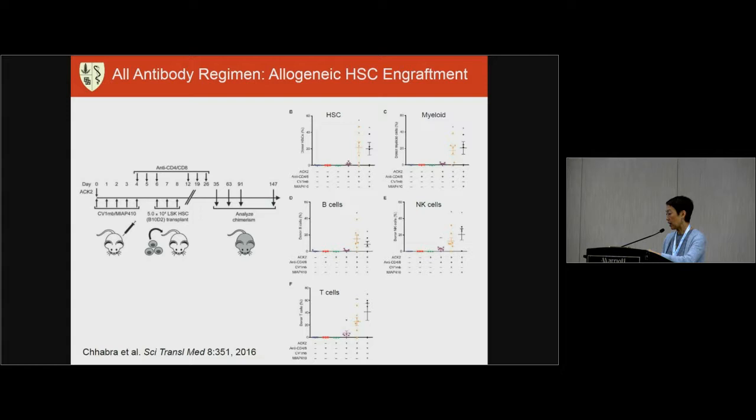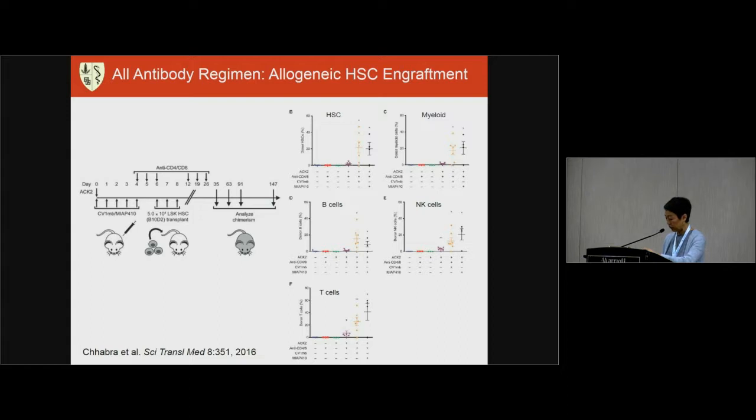They used the anti-CD117 antibody first, and then the anti-CD47 antibody, and then transplanted in the pure stem cells, so the naked stem cells, and also did a regimen using anti-T cell antibodies to suppress the immune rejection. And this is kind of a busy slide, but what it really captures is it's the combination of the three which allowed robust engraftment long-term.